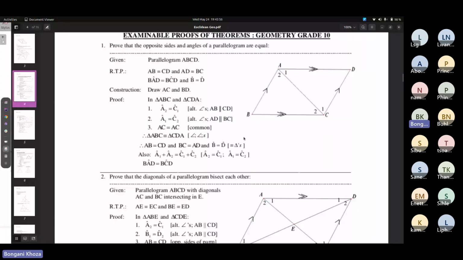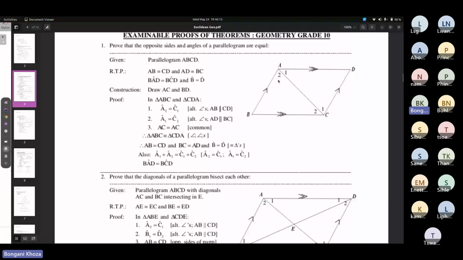Right. Then from there, if I add A1 plus A2, I'm going to get C1 plus C2. The reason for that is that already this one is equal to that one, this one is equal to that one. So if you add these and these, you get that those two angles are the same.